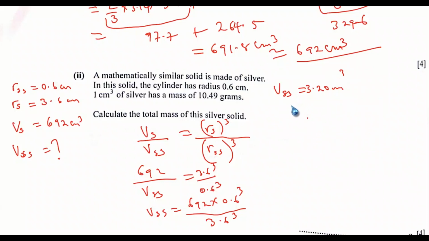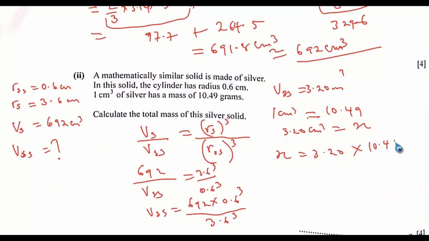So we can now get the total mass of this silver solid. We already know that 1 centimeter cube equals 10.49 grams, and 3.20 centimeter cube equals x. If you cross multiply, x will equal 3.20 centimeter cube multiplied by 10.49.